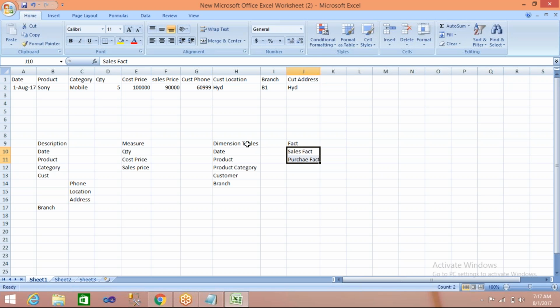So who decides these fact tables and dimension tables? When an architect or manager level people go to the customer, they talk to the customer about their business and the functionality of their business, and they analyze the business sitting with the customer. After some discussion, they come to know the customer requirement, what they want to see in the report exactly.